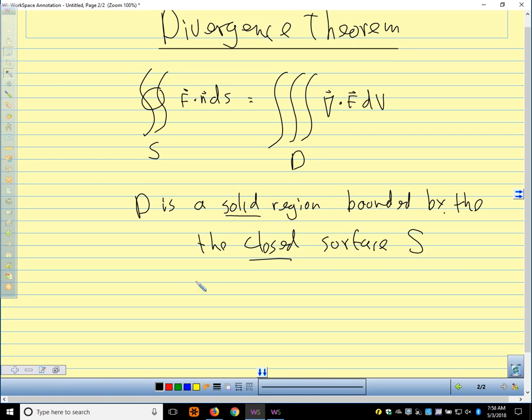And what this is telling us is that the integral of the normal component of F over the surface is equal to the integral of the divergence through the solid.